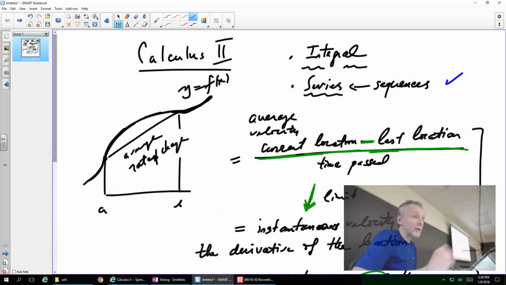The second, as I mentioned, is series and sequences, the goal of which is to approximate functions. Okay, so you got a little bit of that in calculus 1. Remember linearizations or linear approximations? What's a linear approximation?